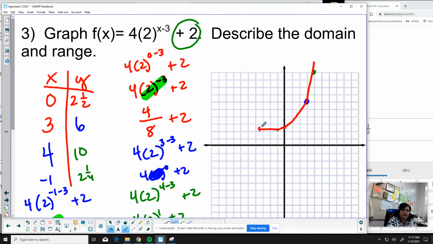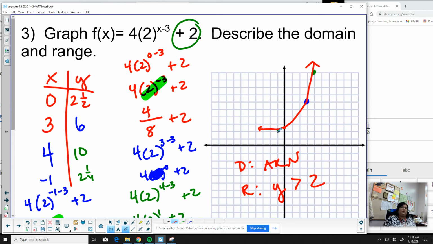I just want it to get closer and closer forever without actually touching it. Okay, so again, the domain is all real numbers, and the range is y is greater than 2 because it's getting closer and closer to 2, but it's never touching 2. So it's not greater than or equal to, it's just greater than 2.